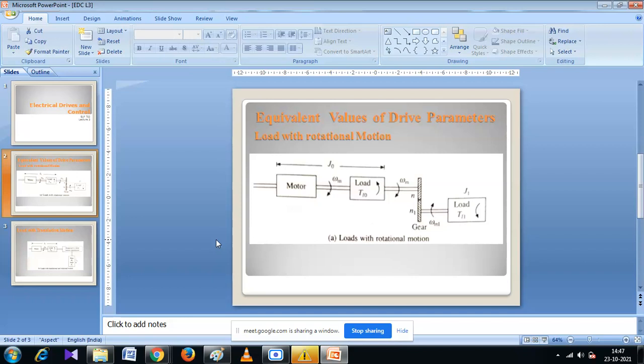That means we have to derive the equivalent parameters if the load rotates with rotating motion.